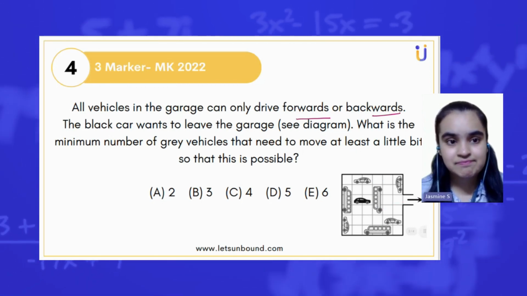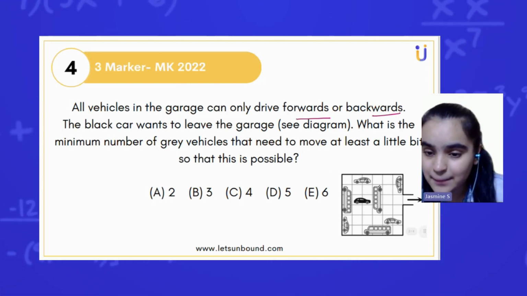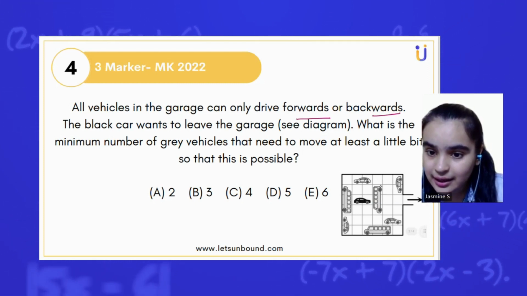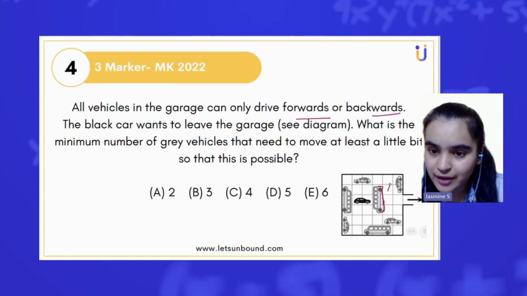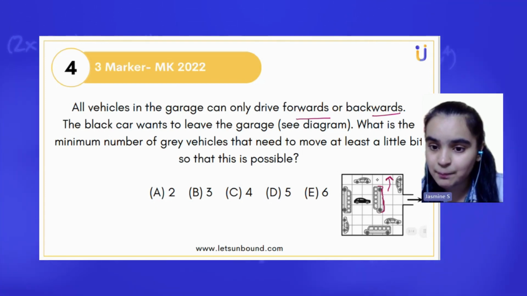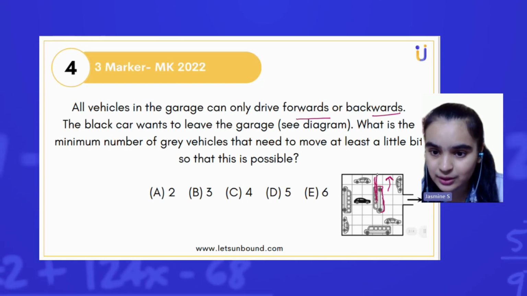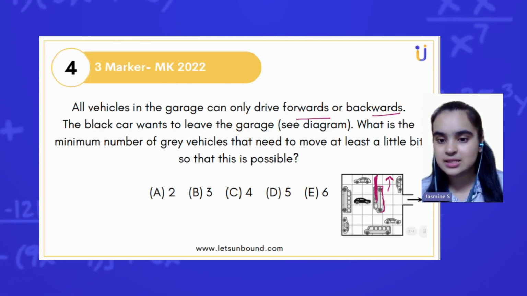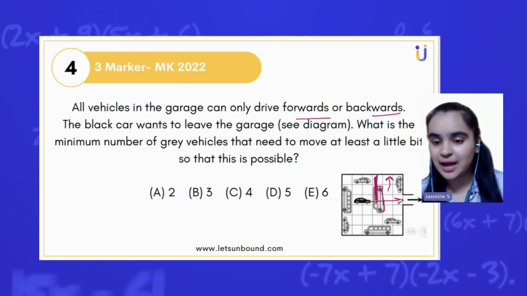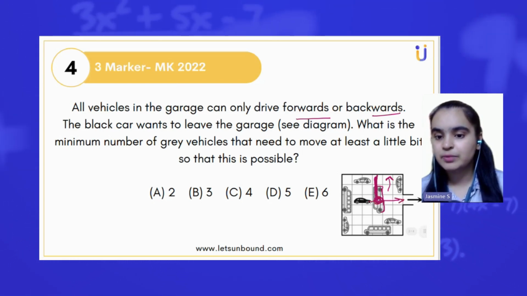As you will see, this big vehicle is actually occupying 3 boxes. So if we shift it upwards, these 3 boxes will be occupied. And it will not make sense because the black car is here and the black car has to move from this box.